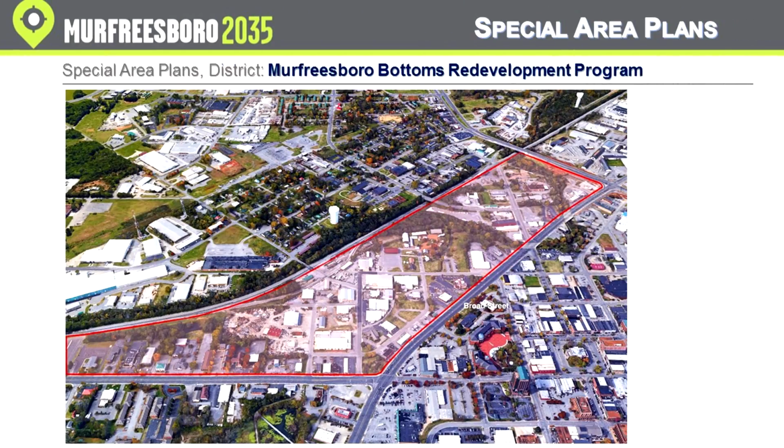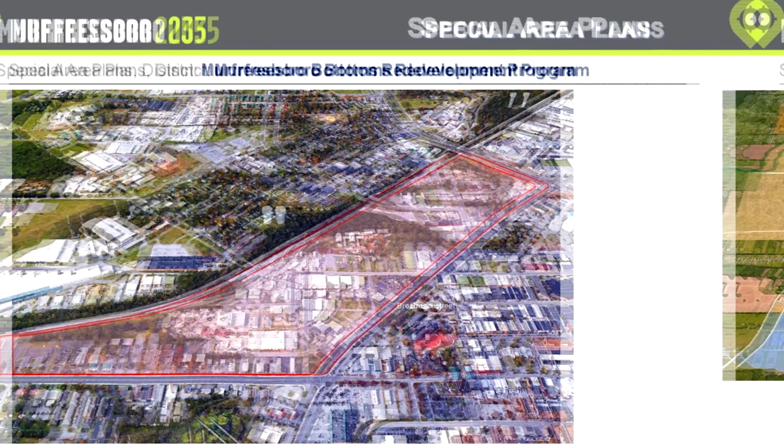Of course, we've talked about the Bottoms area, a huge opportunity there. A lot of really marginal land, some land uses that may be best suited for other parts of the city.